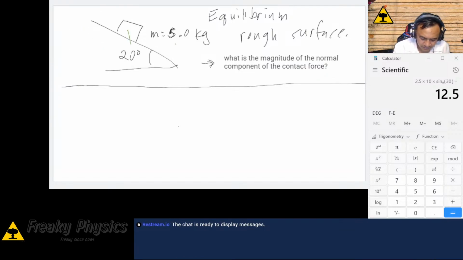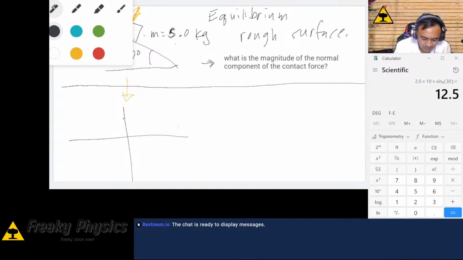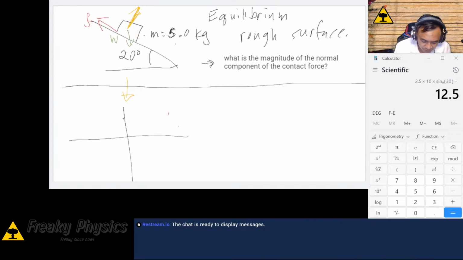The weight's gonna be vertical, same thing as before. Friction is in this case up the ramp still, and then normal contact force is still going in like that, right? So if you redraw that on a regular x and y coordinate system, what's going to happen is you rotate every other force accordingly.